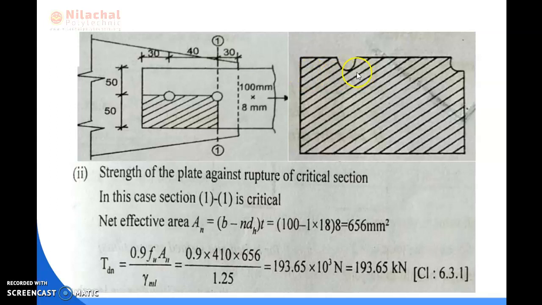So in the V line, you can see here one portion. So you take this portion as one portion. Then here a 1/2 portion is there. So we will take this portion as half. So the total number of bolts in the block shear portion will be 1 plus half.